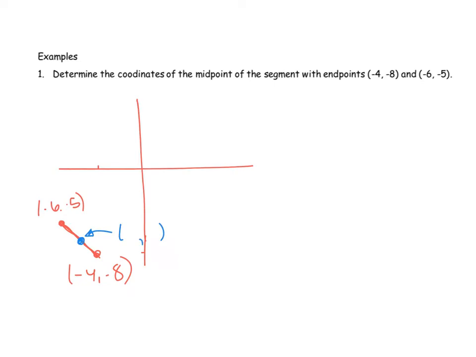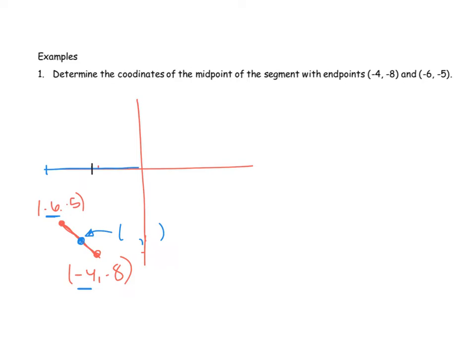Well, I know that the x value has to be halfway between the two x values that I have, so I'm looking for a number that's halfway between -6 and -4. Well, if I look on the number line or on the x-axis here, -6 is here, -4 is here, and we are looking for the number that is halfway between the two.